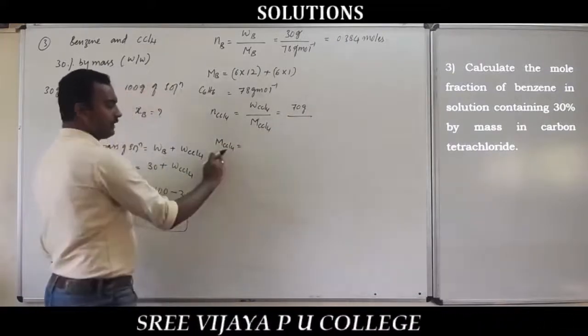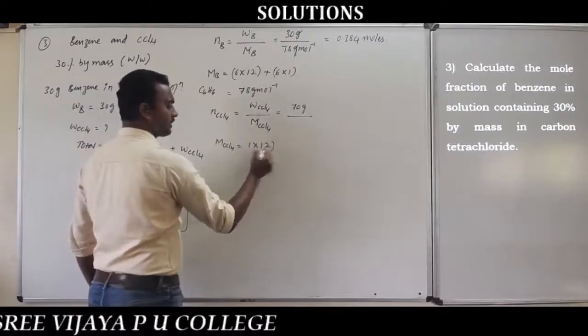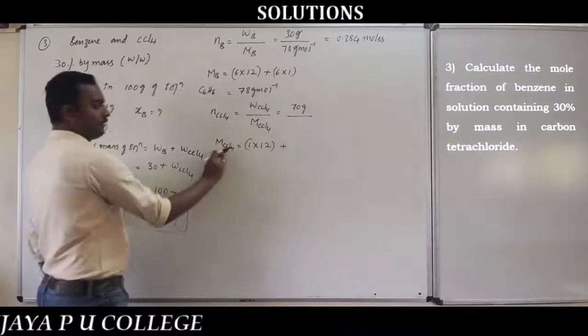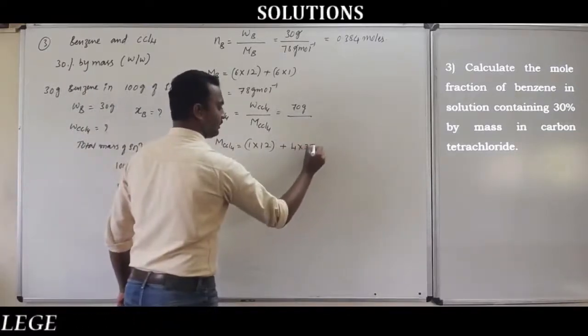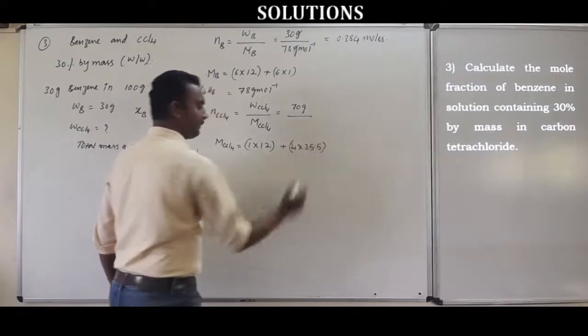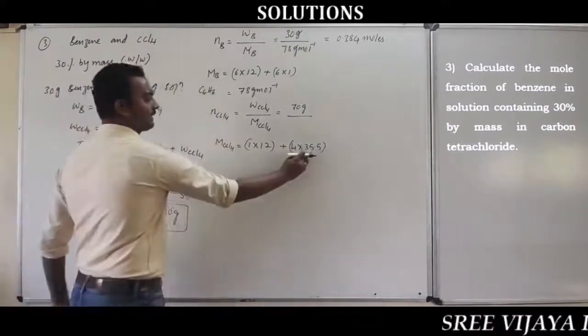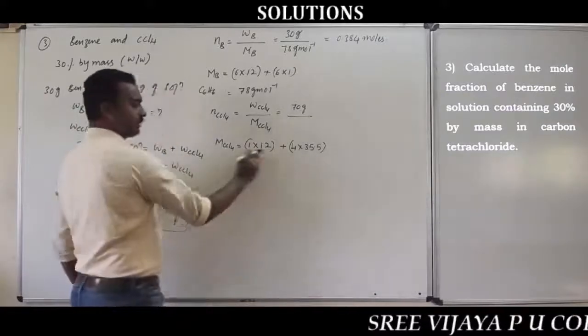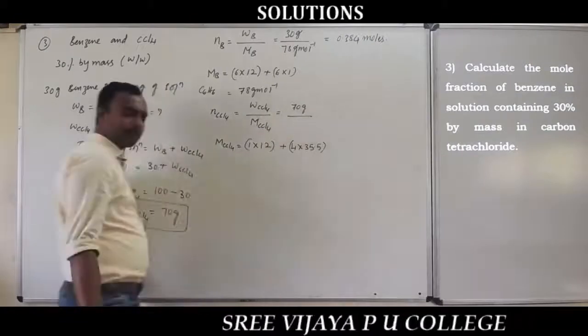Let us calculate. Carbon has 1 atom, so 1 into atomic mass 12, plus chlorine has 4 atoms, so 4 into the atomic mass of chlorine, 35.5. Chlorine's atomic number is 17, and its atomic mass is 35.5.